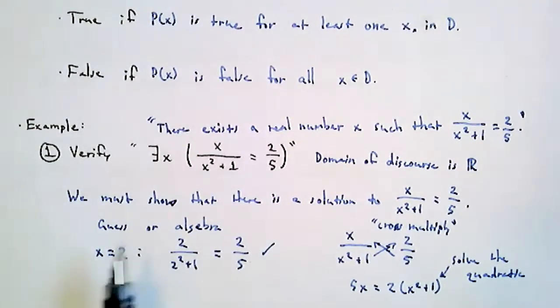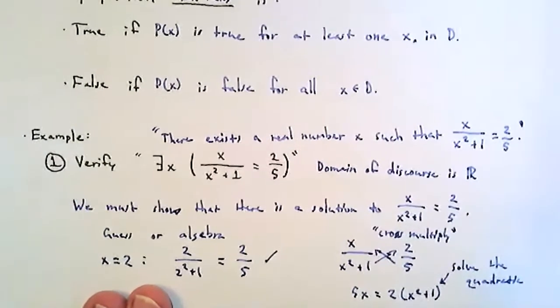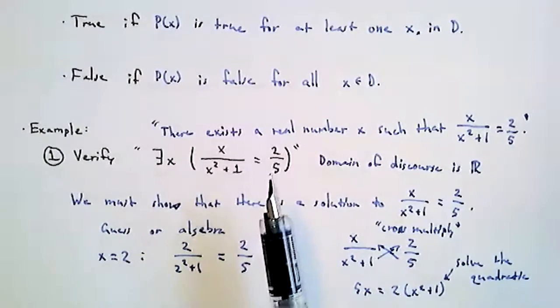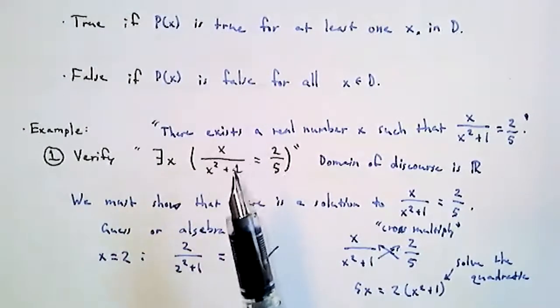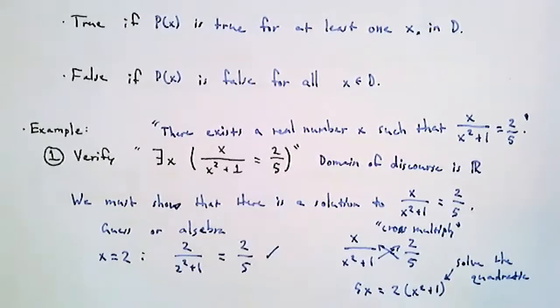So if you weren't able to guess, this other method using algebra would definitely work. In situations like this where you have an equation, where you're saying a solution exists, then you have to find that solution.